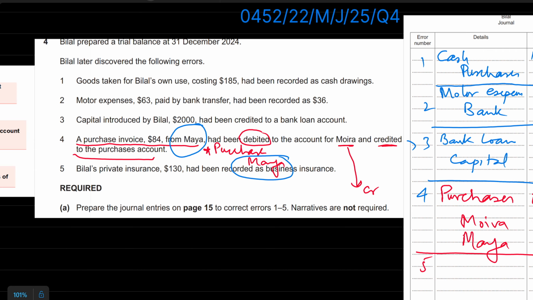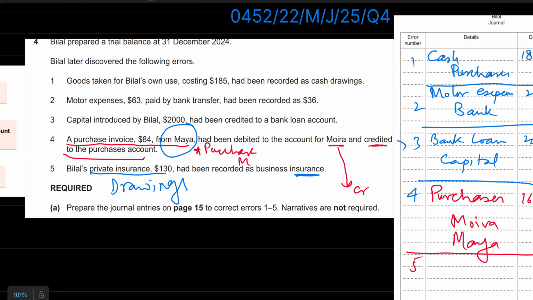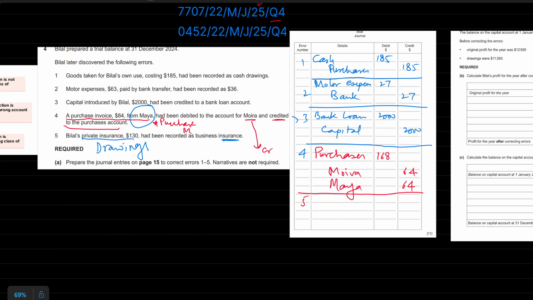Number 5, Bilal's private insurance. Bilal is the owner. Private insurance will always mean drawings. Actually, this was to be recorded in the drawings account, but it was recorded as an expense of the business. So this account was wrongly debited, and we will now credit it. And this had to be debited, but was not debited.